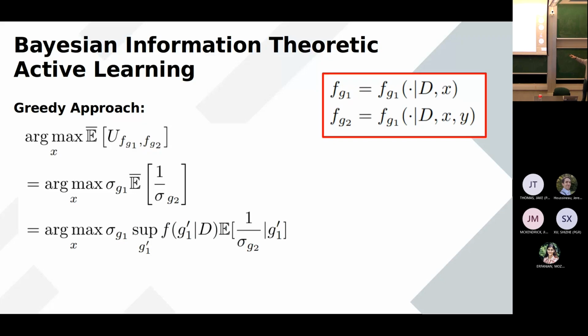So that expectation is the probability that we observe label 1 times the standard deviation we would get if we observe label 1, and then the probability that we observe label -1 times the standard deviation we get if we get label -1.